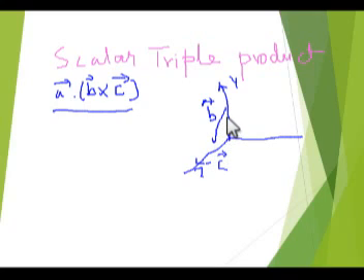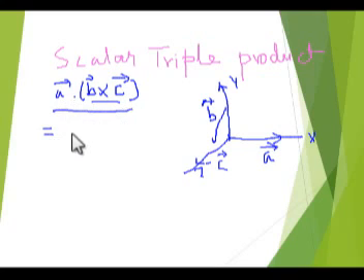This is anti-clockwise. Rotate this diagram and bring the x-axis in front, and you will see that this is the anti-clockwise direction. So the product B cross C will have a direction towards the x-axis, and in this direction A vector is also working. Its direction is the same. So A dot B cross C has no direction, just a magnitude.